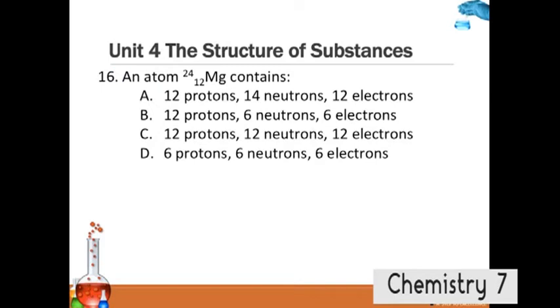The atom magnesium-24 contains: 12 protons, 14 neutrons, and 12 electrons; 12 protons, 6 neutrons, and 6 electrons; 12 protons, 12 neutrons, and 12 electrons; or 6 protons, 6 neutrons, and 6 electrons?